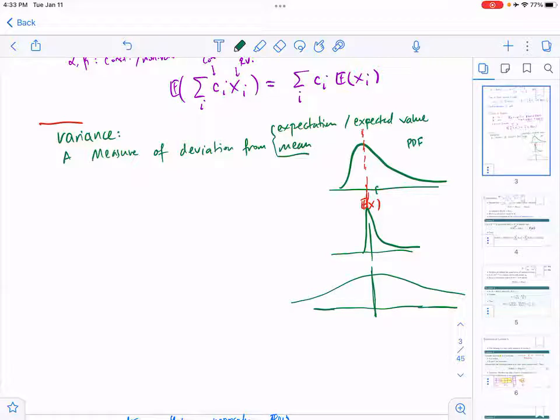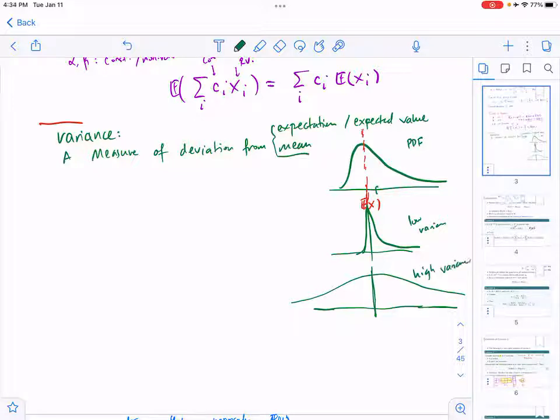It doesn't tell you how spread out it is. The variance is a measure of how things are spread around the distribution. So this one has low variance, and this has high variance.